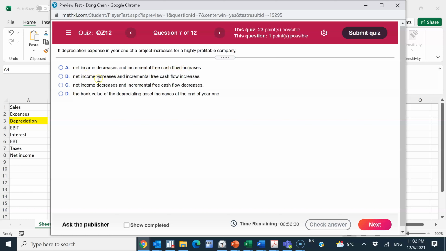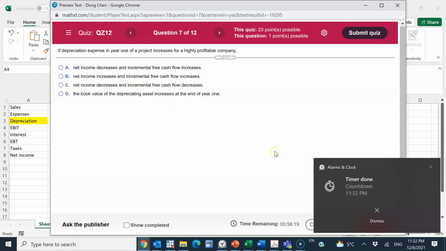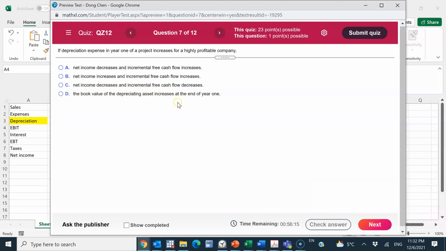And B is net income increases and incremental free cash flow increases. And C is net income decreases and incremental free cash flow decreases. And D, the book value of the depreciating asset increases at the end of year 1. And obviously D is not correct, because if we increase the depreciation expense, then the book value will decrease rather than increase. So the correct choice has to be either A, B, or C.